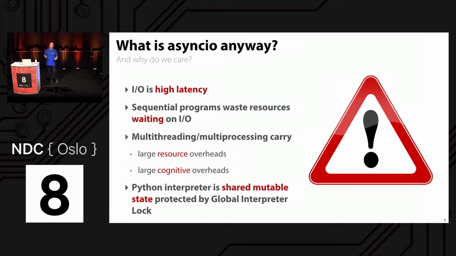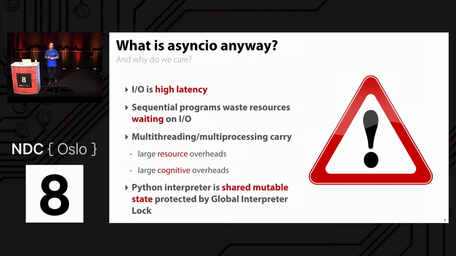Reasoning about shared mutable state, communicating between threads is obviously where a lot of the complexity comes into working with these kinds of systems. And in Python in particular, we have to remember that the entire Python interpreter is a big pile of shared mutable state. That's what it is.